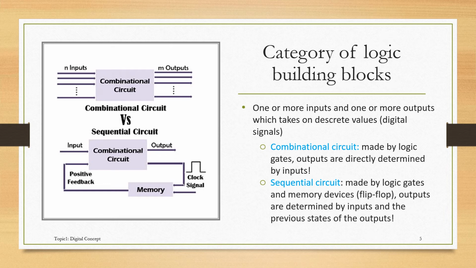However, for sequential circuits, the outputs are not just determined by the inputs, but also by the previous state of the output. In other words, for a sequential circuit, there is a memory part that can remember the previous state of the output. So that's the main difference.